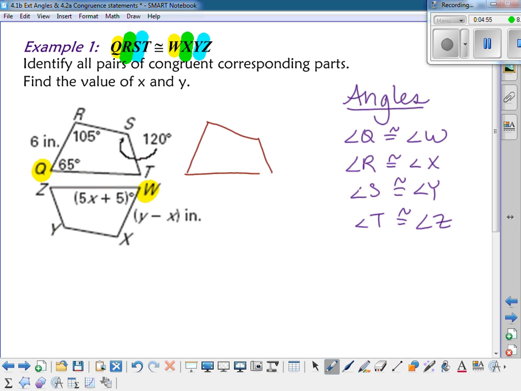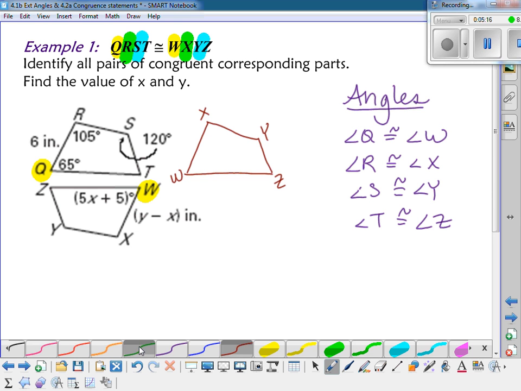I'm going to redraw WXYZ. So since Q and W correspond, I know the W would be here, and the X would be here, the Y would be there, and then the Z. And so now it's going to be easier to list my sides that are congruent.